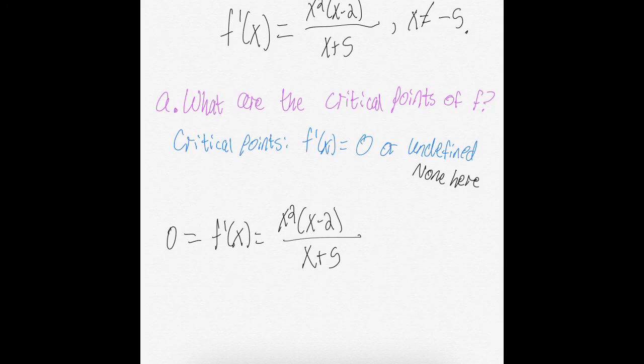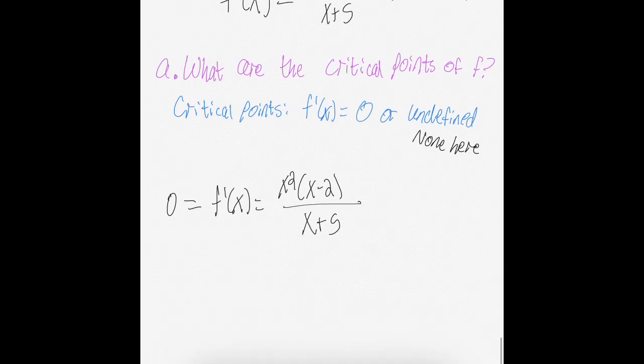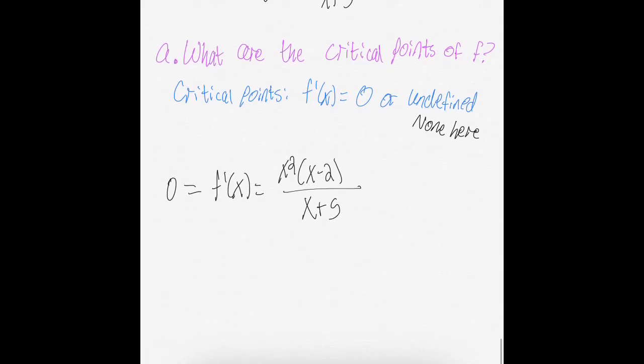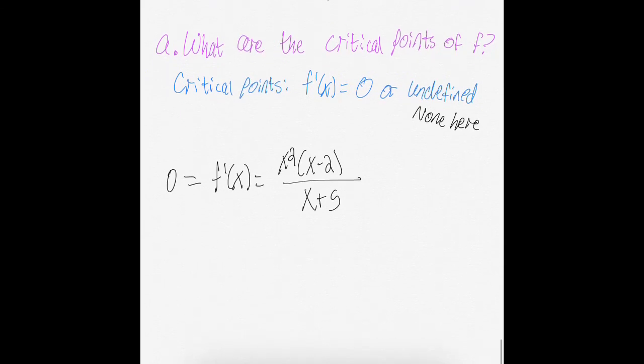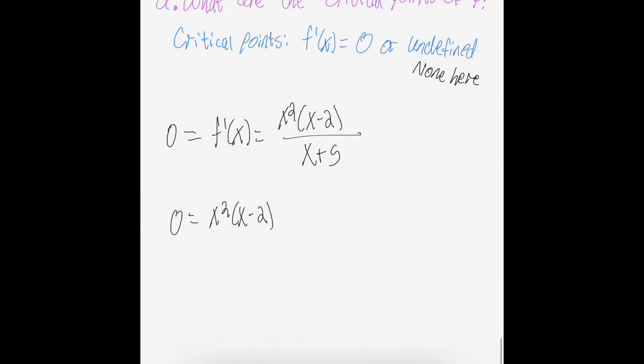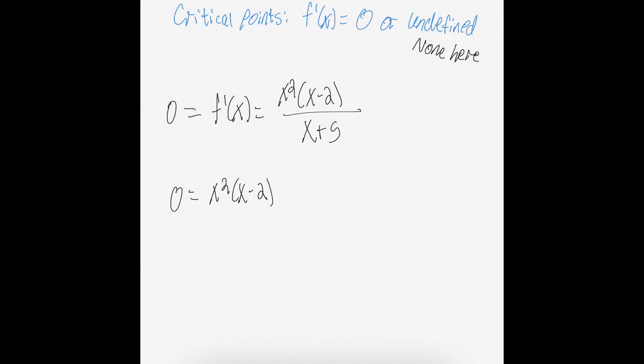So let's go ahead and set f prime of x equal to 0. So let me see, 0 equals f prime of x equals x squared times x minus 2 over x plus 5. Okay, well, we can multiply both sides of this by x plus 5.